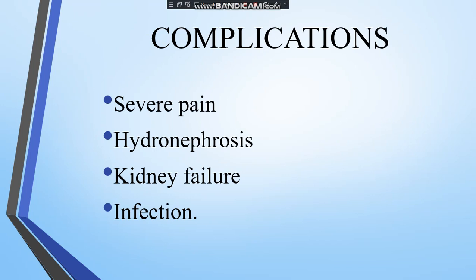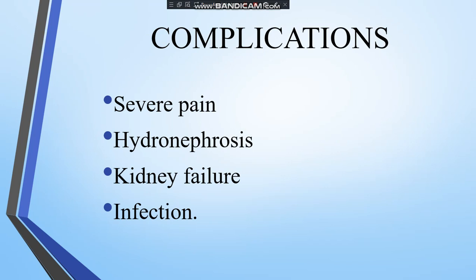As the clinical features progress, and if we do not treat properly, the patient may develop several complications, like severe pain and hydronephrosis, which we have already studied. Kidney failure means the major functions of the kidney, which I hope you all know, are not happening properly in the person's body.